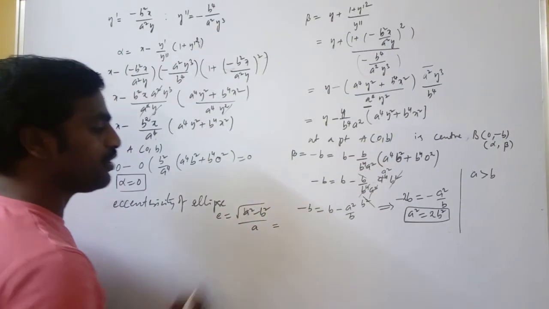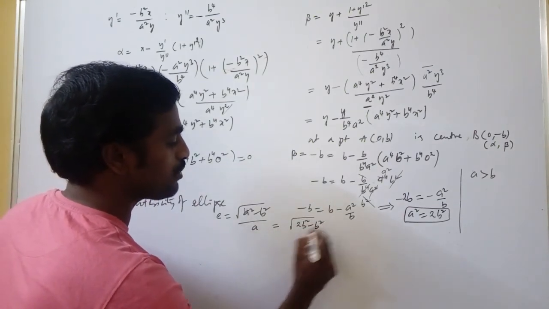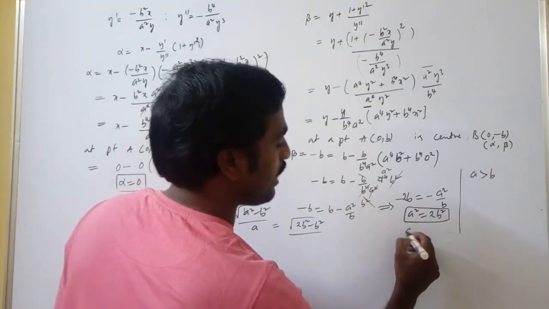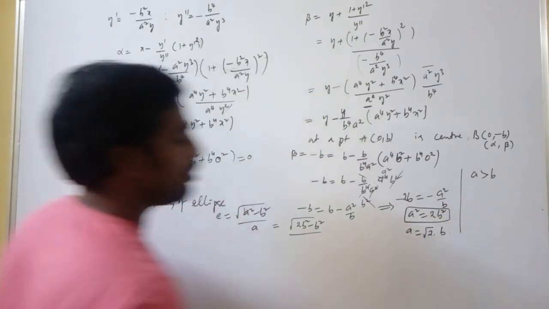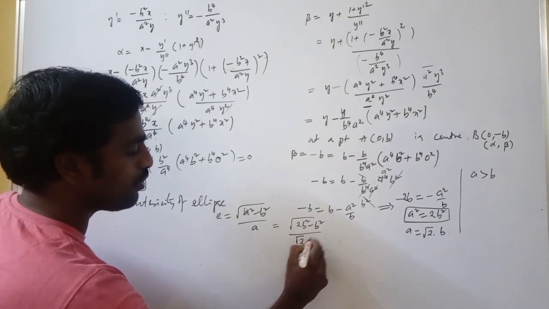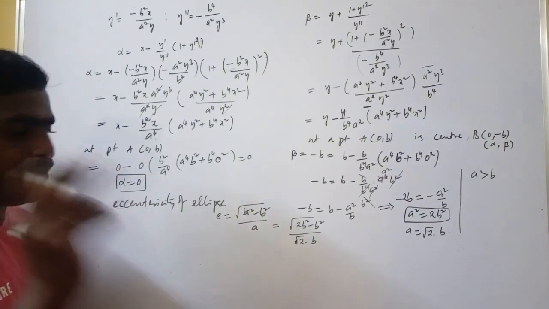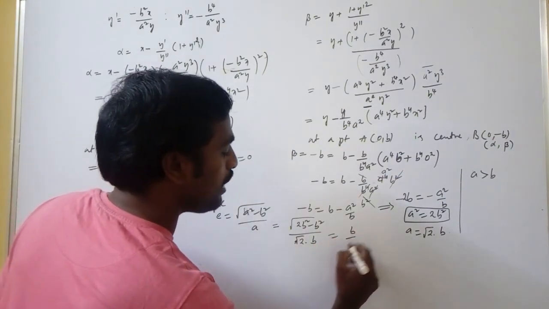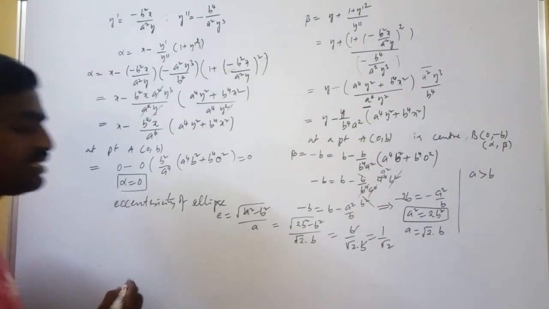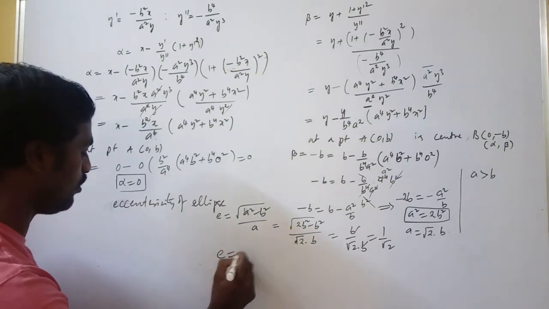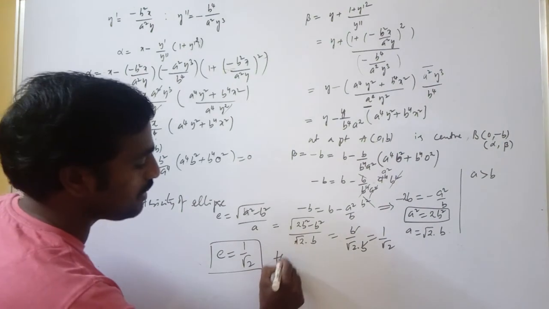So you get under root 2b square minus b square by a value, where you can write a is equal to root 2 into b. So 2b square minus b square, the value is b square, root of b square is b. So finally you can write b by root 2 into b. We cancel b, 1 by root 2. Hence the given result: e equal to 1 by under root 2. Hence the result.